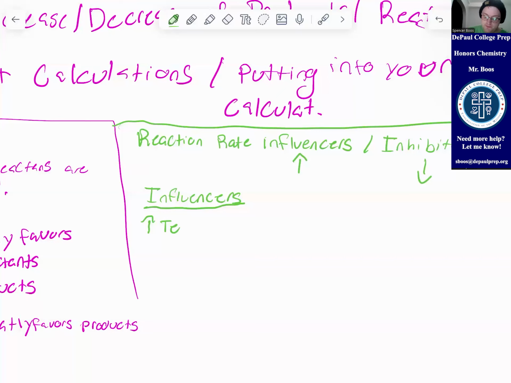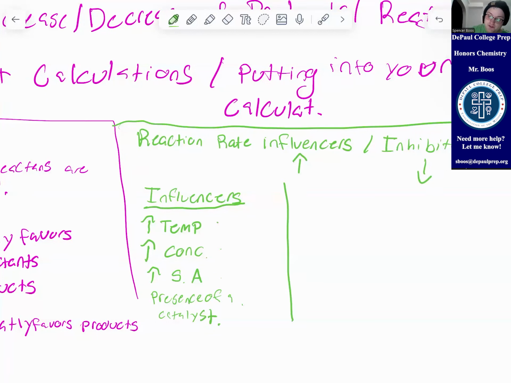Increase in temperature, increase in concentration, increase in surface area, and the presence of a catalyst. Notice that for all the influencers, they're all increasing, whereas with inhibitors, they'll all decrease.